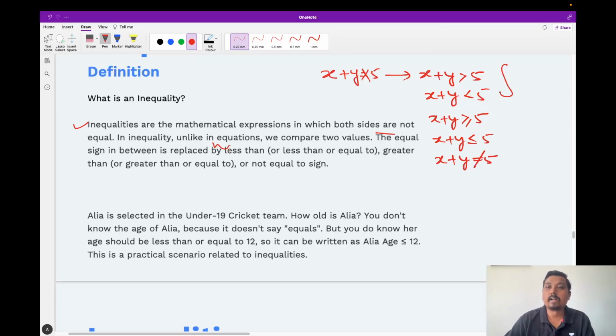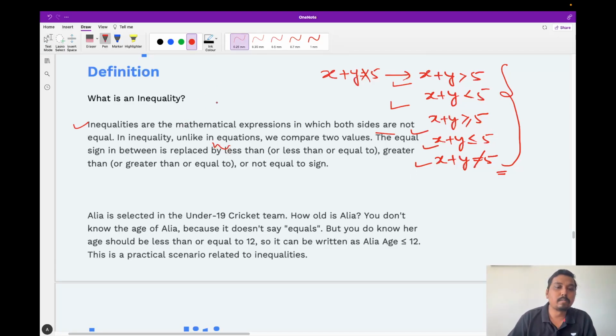These are the only inequalities that you are going to deal with in this particular chapter. There are no other inequality signs that you need to worry about. This is greater than, this is less than, this is greater than or equal to, this is less than or equal to, this is not equal to. Always remember, this is the only thing that you are going to encounter in this chapter.